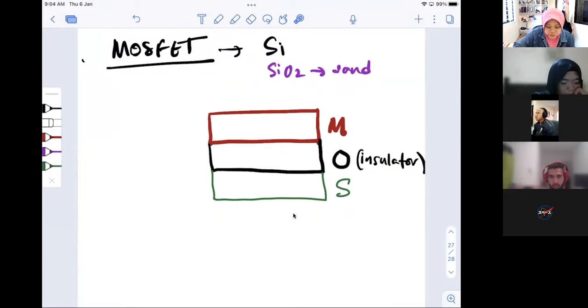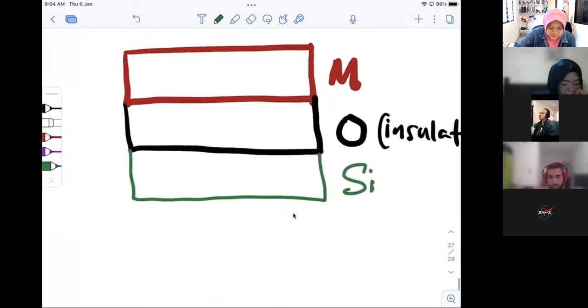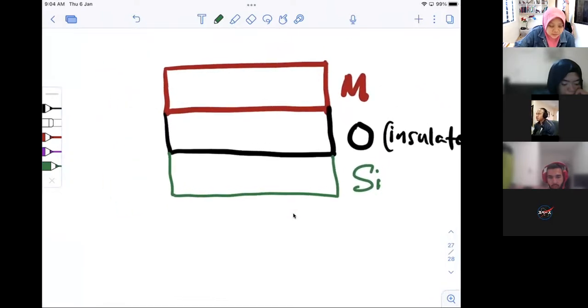So you just put metal, then the silicon dioxide over here, and then the purified silicon. Then you get the structure of metal oxide semiconductor. Now, let's see how it works.